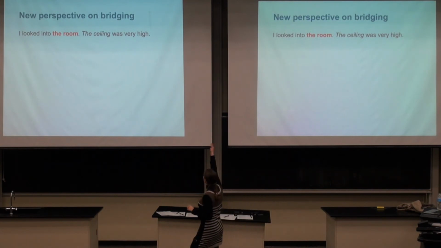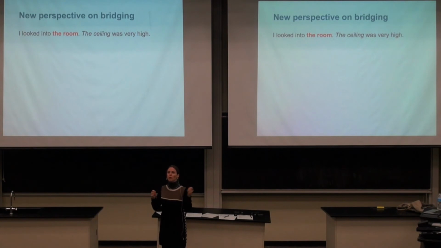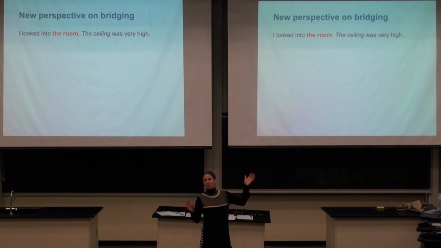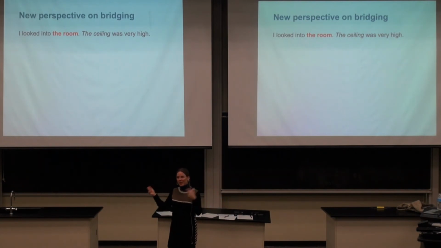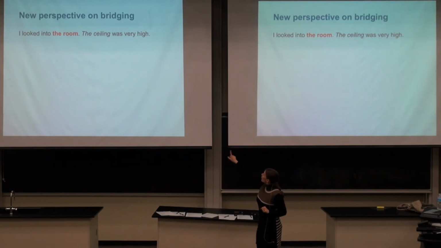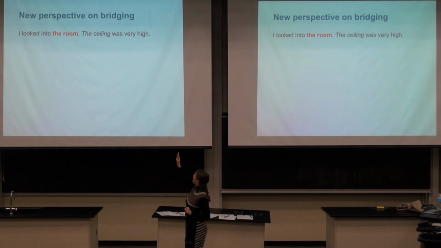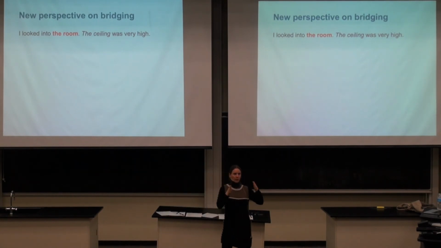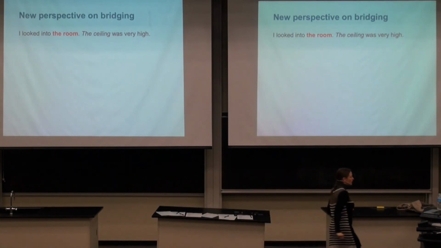This is not restricted to a two-sentence discourse, right? I can say, I looked into the room, the ceiling was very high, the walls were peeling. That's not the case here, but you see how it's like the walls of the room, right? So the room here is called an anchor for the bridging. It's the one that starts this bridging phenomenon.